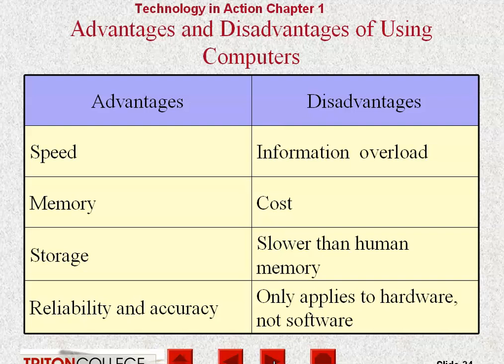And of course, some of the disadvantages include information overload. I don't know about you, but every morning one of the first things I do when I open up my email is I go through and I start deleting and labeling as spam email that I don't want and I never wanted.